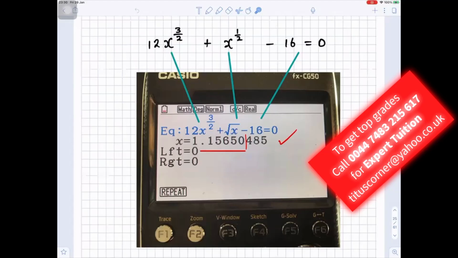If you put that in the equation solver in your graphics calculator, it would give you 1.15650 to 5 decimal places. And that is what you do to show it.